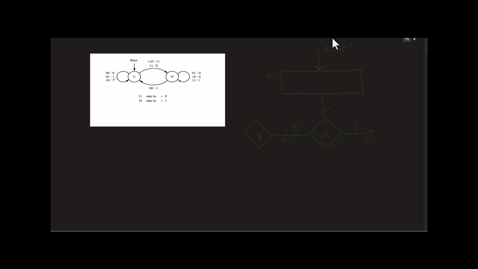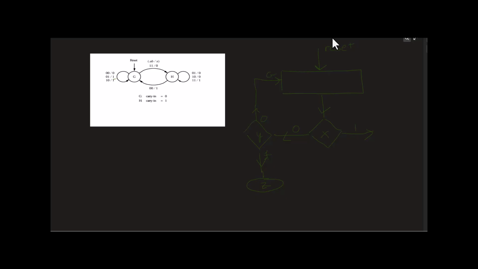I'll just call it Y. I do have to label these to indicate how they're different somehow. I'll put my outputs going in this direction, 0 and 1. If I get a 0, I go back to state G. If I get a 1, I get an output.